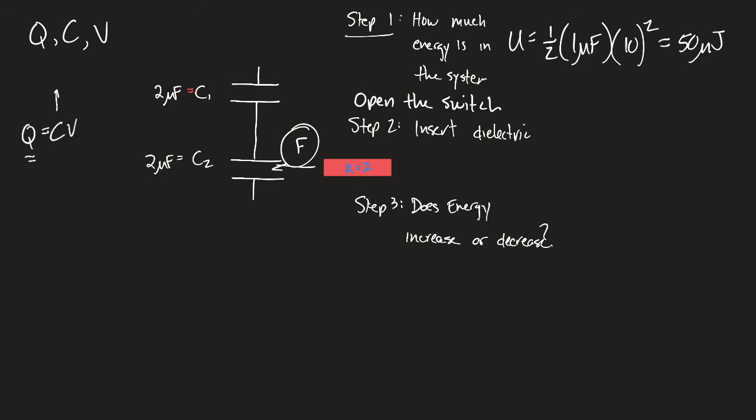The capacitance increases, so the voltage on the capacitor decreases. Which is a little weird. Now, the real question is, does that increase the total energy or decrease the total energy?